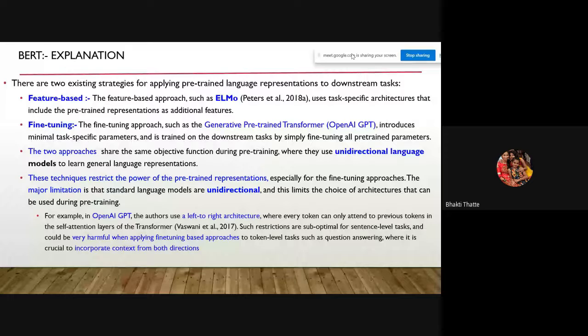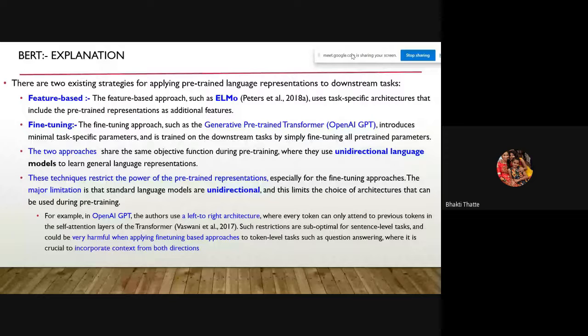These two approaches have the same motivation and the same objective, but they are unidirectional. This technique restricts the power of pre-trained representations. Why? Because they have a major limitation: they are unidirectional, and because of that they limit the choice of architecture that can be used during pre-training.